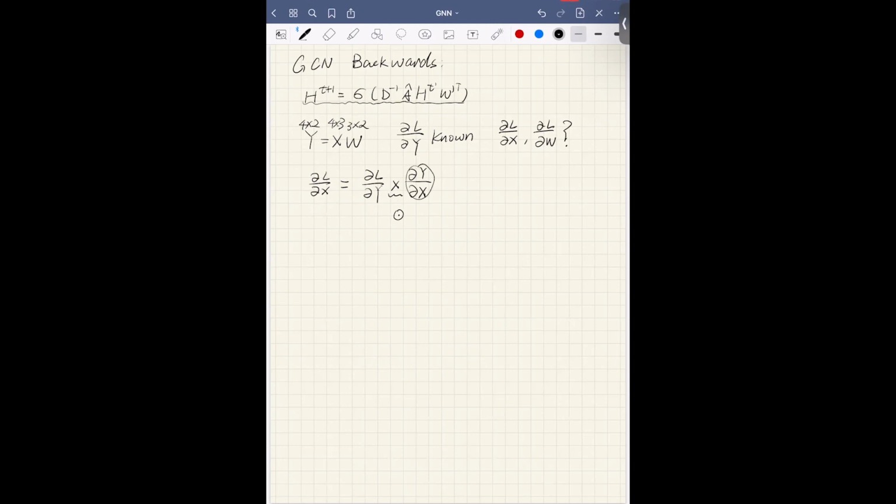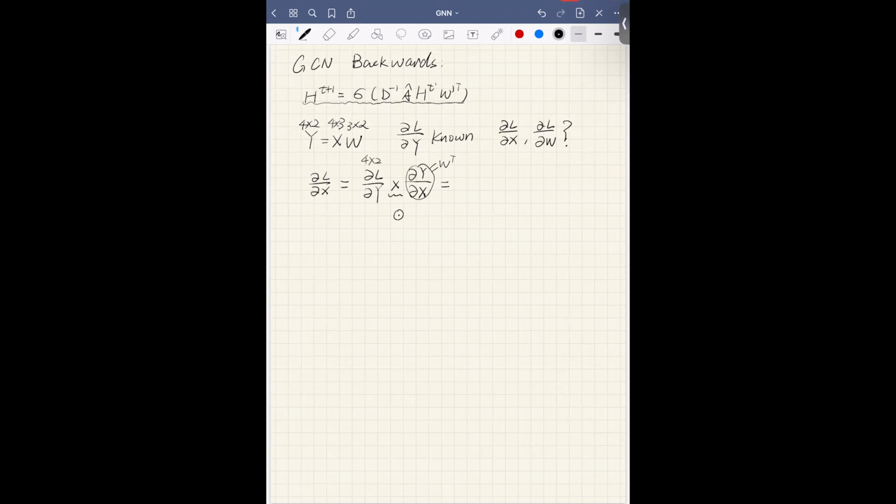If we write the matrix form in this form, these terms will equal exactly omega transpose. So let's check this. d loss dy will have the same shape as y, which is 4 by 2.